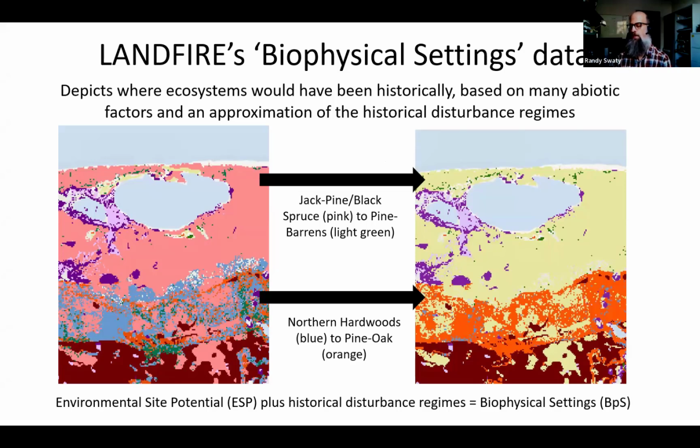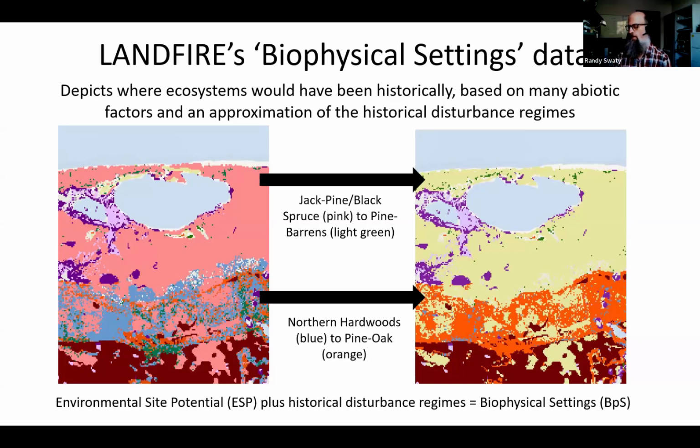It depicts what would happen on a site based on the abiotic conditions: the slope, elevation, aspect, climate, soil, superficial geology, that sort of thing. And in my mind, it's artificial, and it's sort of looking at almost a climax situation. So very simply, for a site, you might have an oak forest in an environmental site potential. All right, so lock that into your mind for a moment.